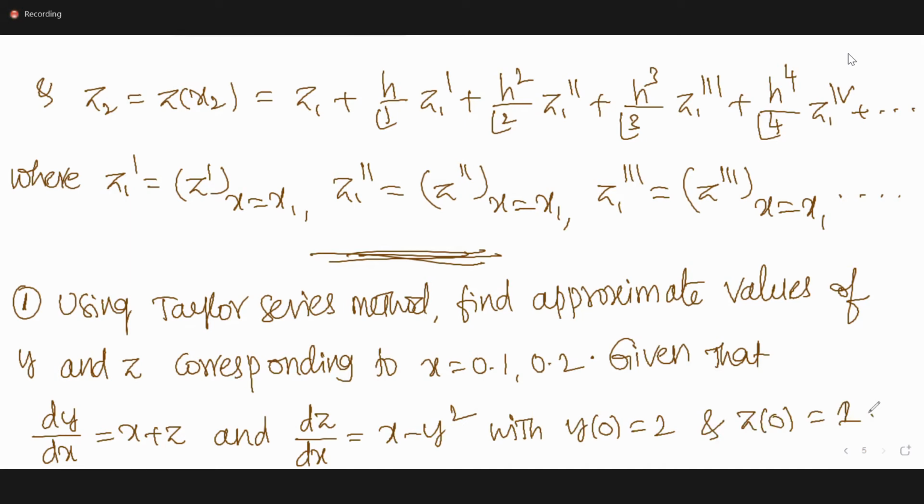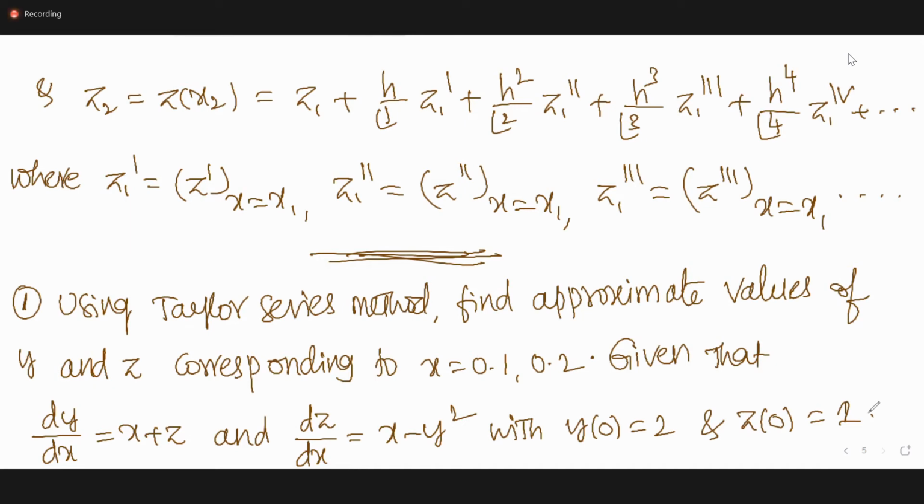Same problem. Using Picard's method, what is y of 0.1? What is the answer? 2.08 something. 2.085. Very good. Okay?